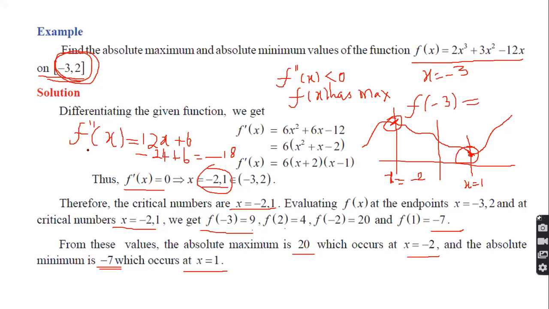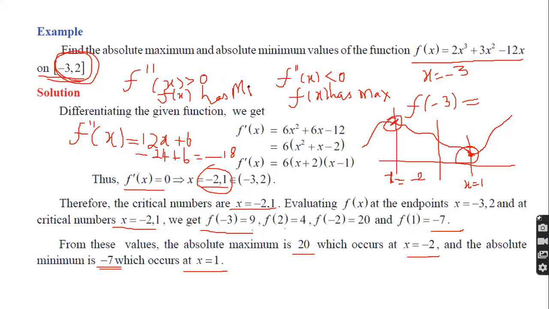In case f dash of x equal to 0 and f double dash of x is greater than 0, then f of x has a minimum.